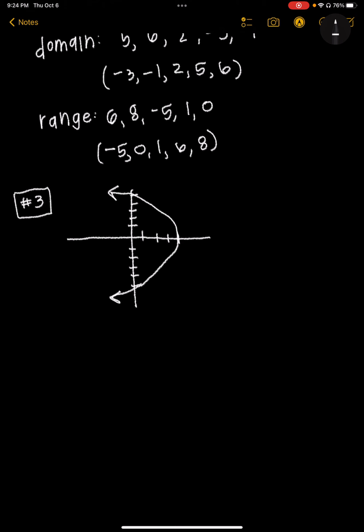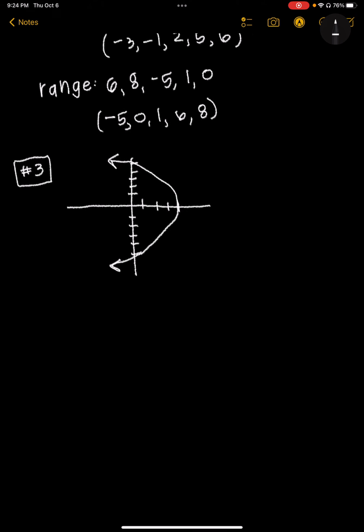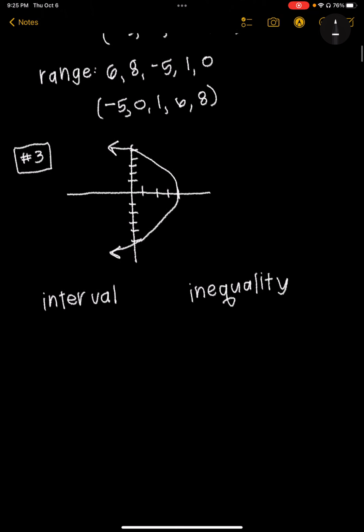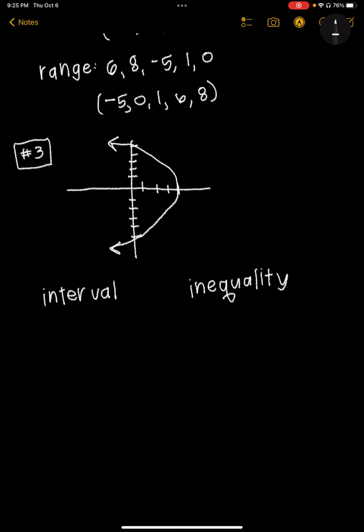When you have a solid line like this, instead of listing out a list of numbers, you have to write it in an interval or an inequality. There are two different forms that we're going to use: interval notation and inequality notation. I'm going to write all of my answers down both ways. I'm going to start with inequality notation, and we're going to start with the domain.